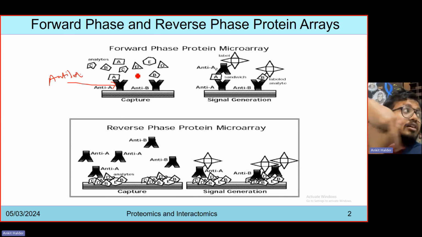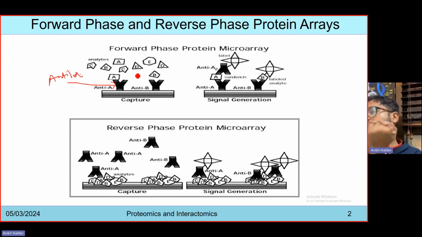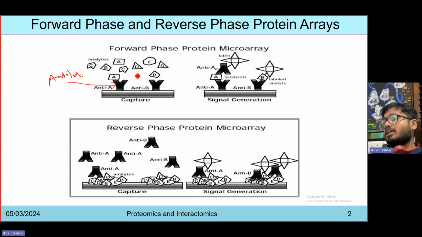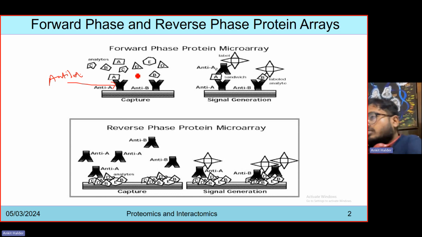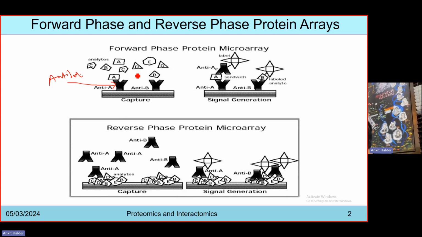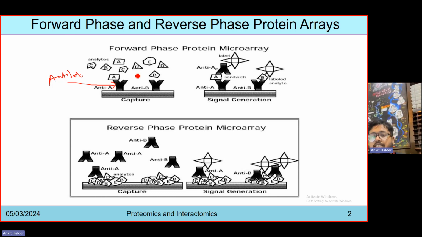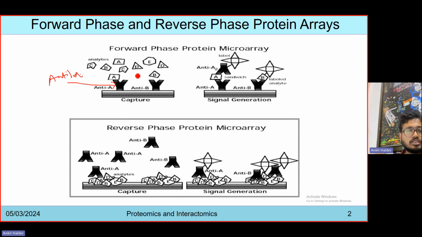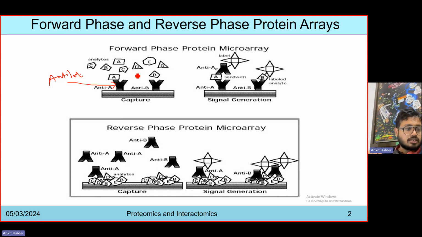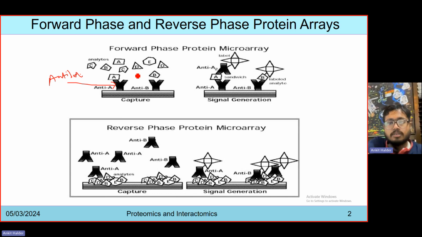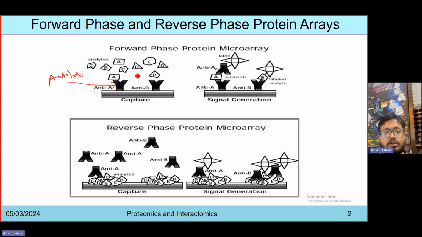But the problem with forward phase protein microarrays is that you need two different sets of antibodies before going for your analysis. This is one limitation or drawback it has.